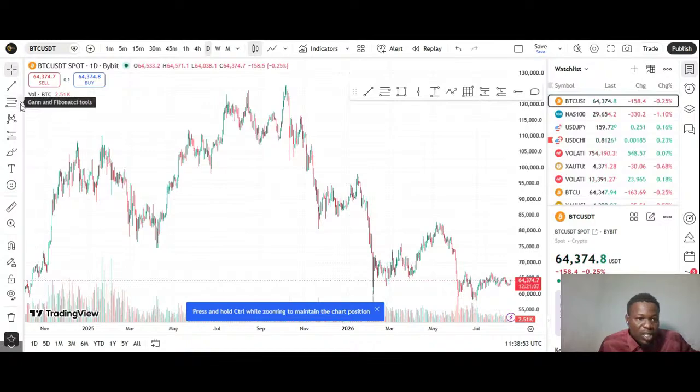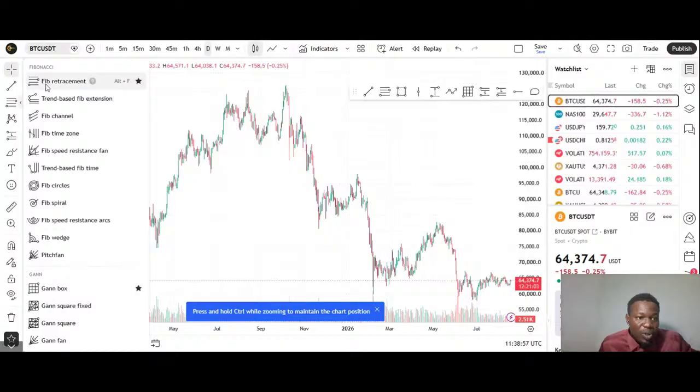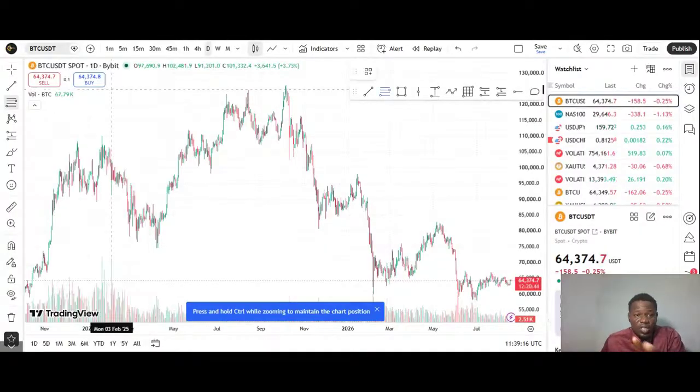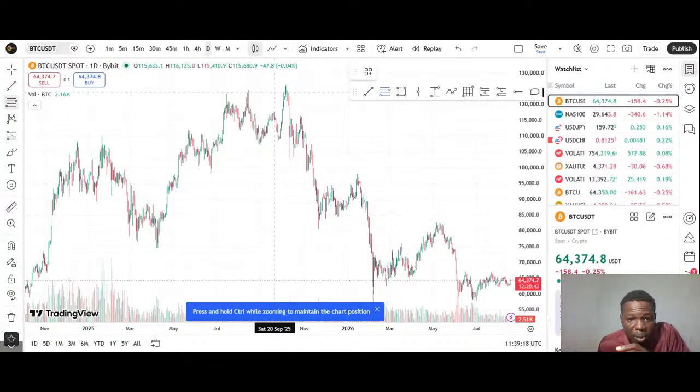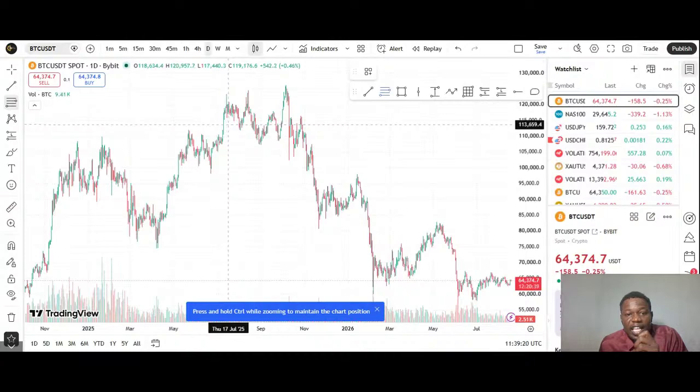Click on it. Here are the gun box and the Fibonacci retracement. So we select the Fibonacci retracement tool. First of all, you can customize this tool. I'll tell you what I mean by customization. Let's just select it. Now, your swing high and swing low.